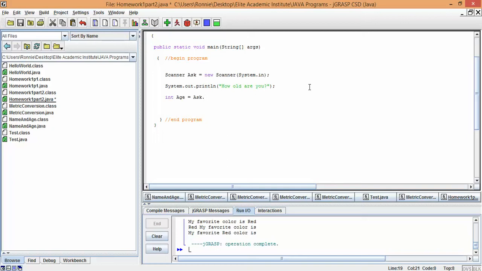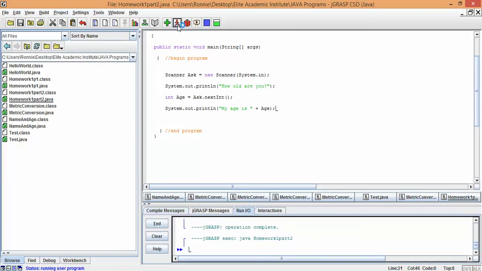And we're going to put nextInt. Then write System.out.println, I am blank years old. Or better yet, this is easier: My age is plus age. Compile.